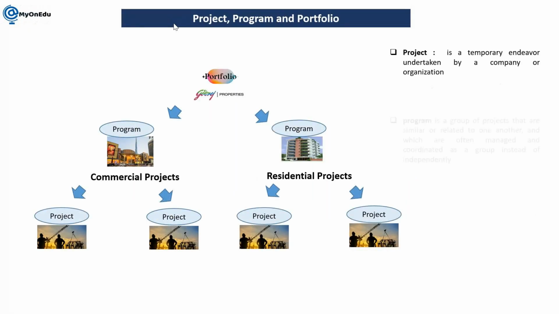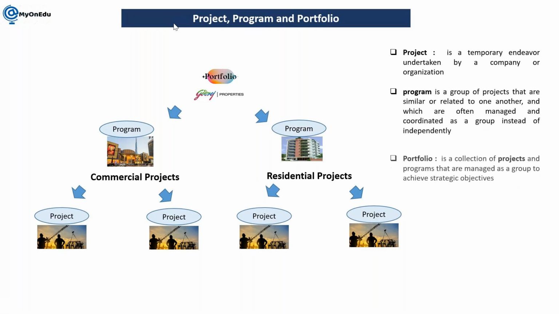I have taken one slide to understand what a portfolio, program, and project are. When we go to understand PPM, first look at the definition: portfolio and project management. What is a portfolio?